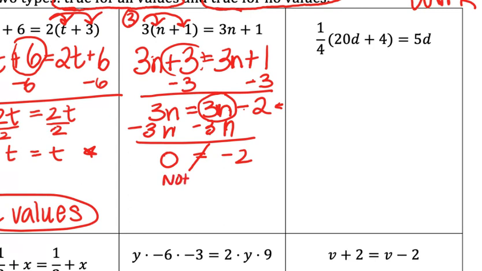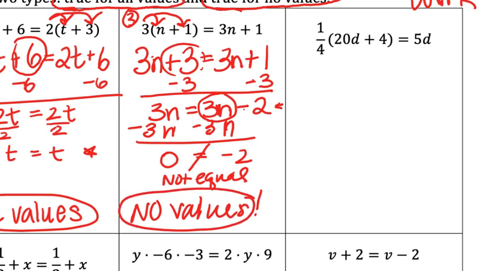No. If something ends up looking weird, like it does, it's not equal, there's no possible way that can happen, then that means no values will work. So if the left and the right don't equal each other and never will, that means no values.